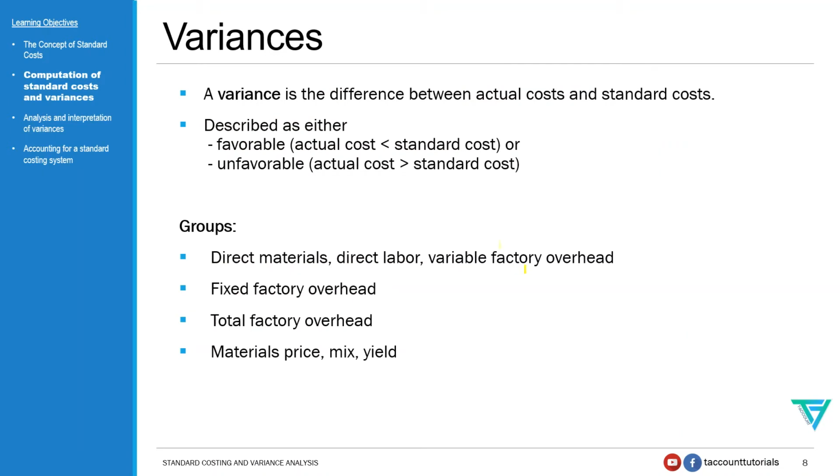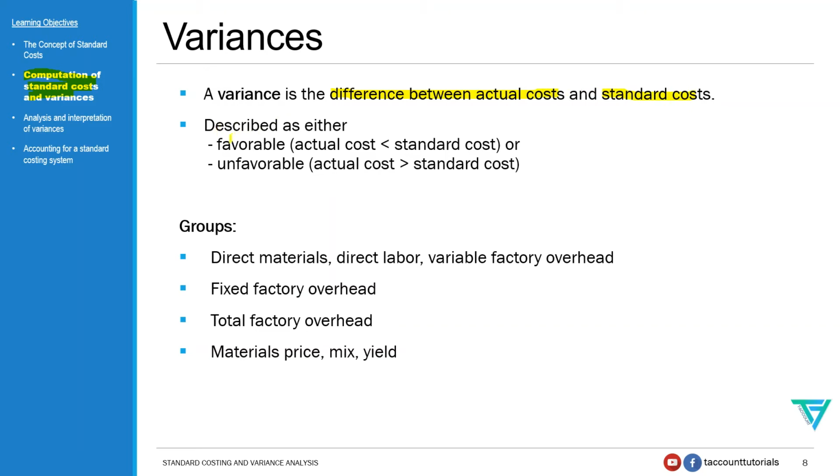Next, we now proceed to our second learning objective, which is the computation of standard costs and variances. So, for variances, basically the definition is that it is the difference between actual costs and standard costs.